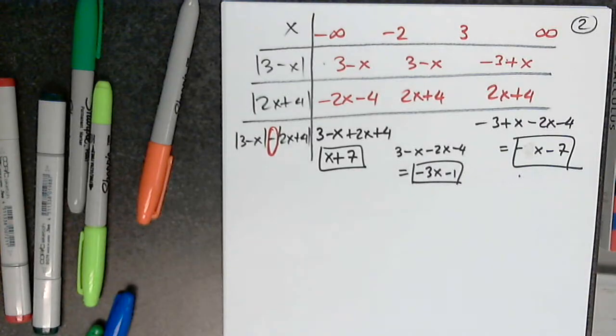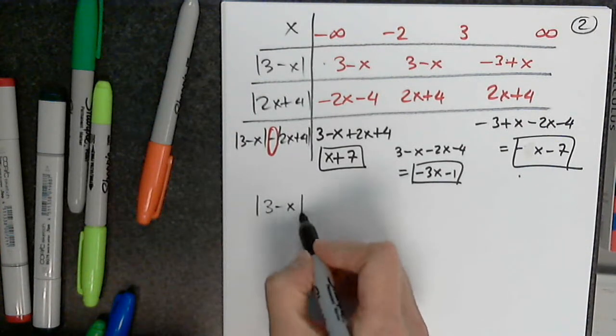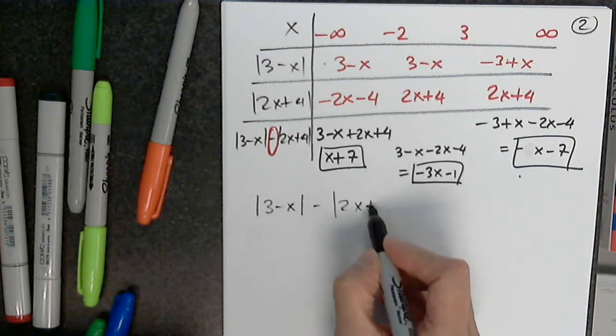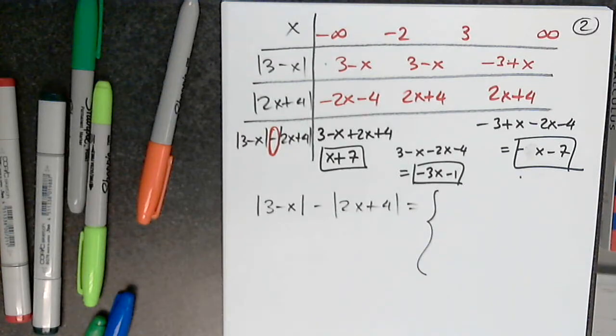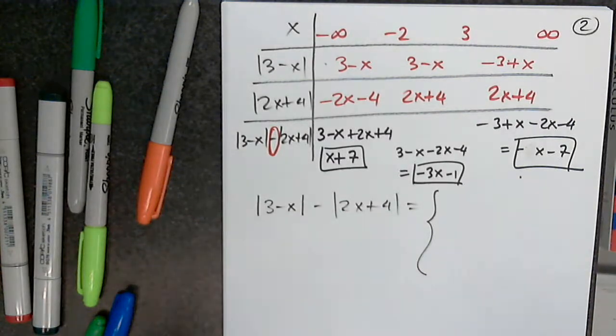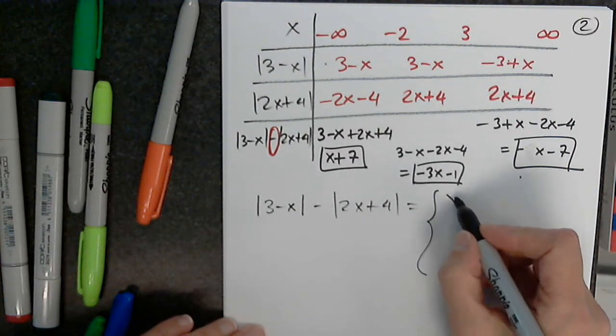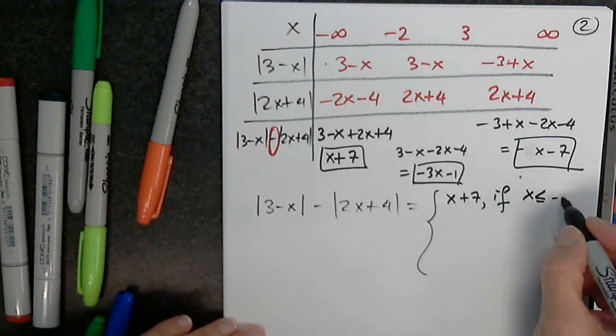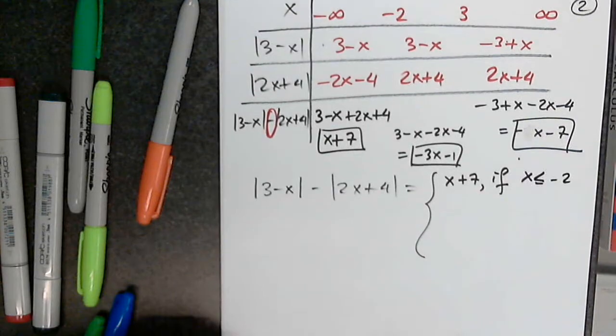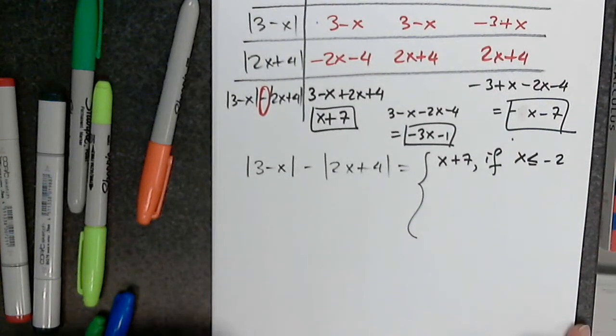So now, final question, what is the answer? How do I write the final form? So I write the absolute value of 3 minus x minus the absolute value of 2x plus 4, and I have how many options? What is the first option? The answer is x plus 7 if x is less than or equal to negative 2, that's fine. As long as you don't put the equal symbol in more than one spot for negative 2 and 3.